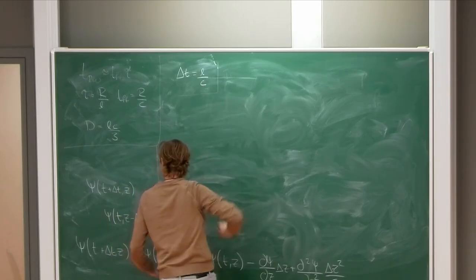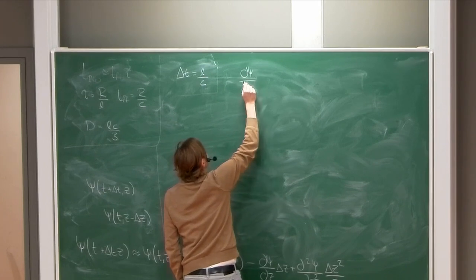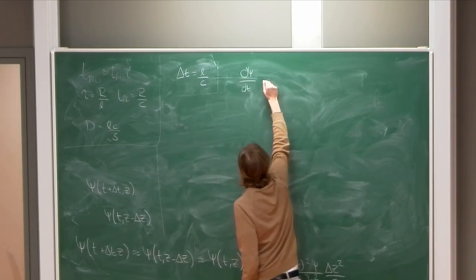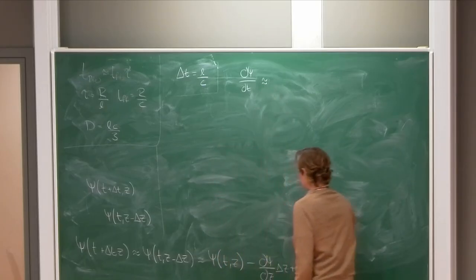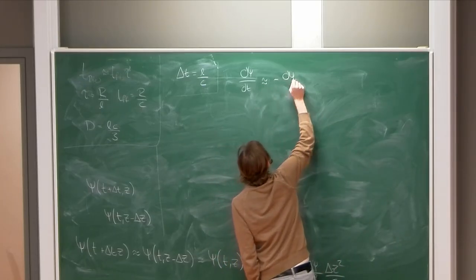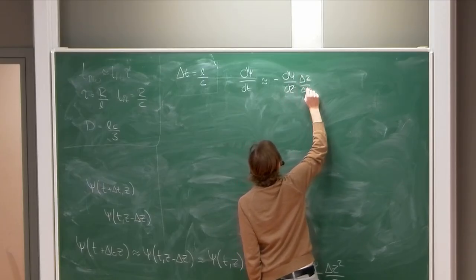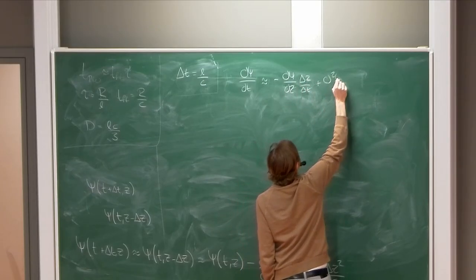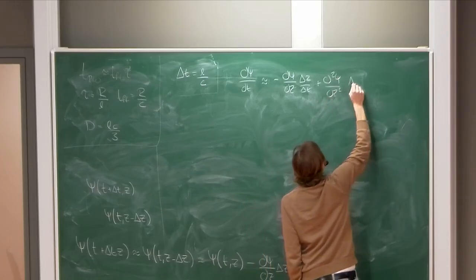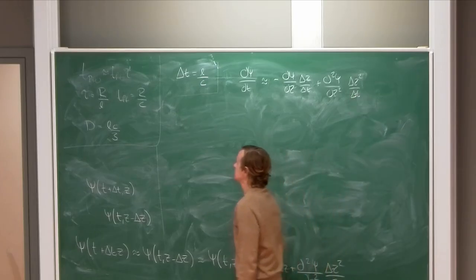And then we can put it in differential form to get d phi dt approximately minus d phi dz delta z divided by delta t plus now the one half d2 phi dz squared delta z squared divided by delta t, okay?